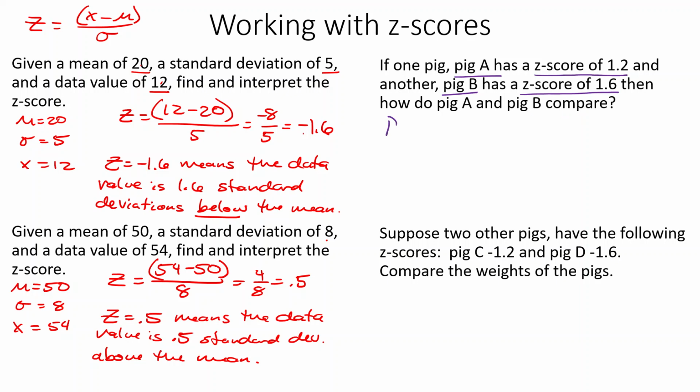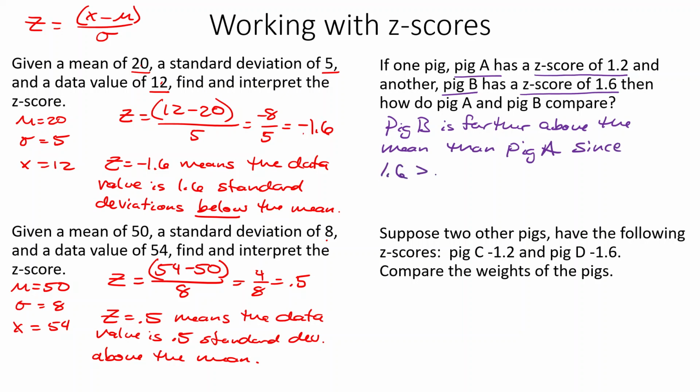So pig B is farther above the mean than pig A, since 1.6 is greater than 1.2. All right, higher z-score, farther away from the mean when we're positive. If it's negative, we'll see what happens.